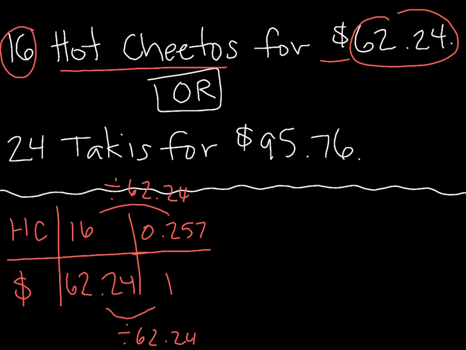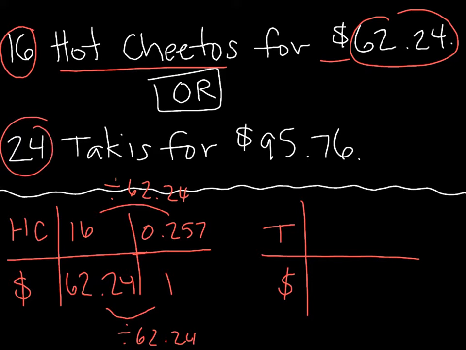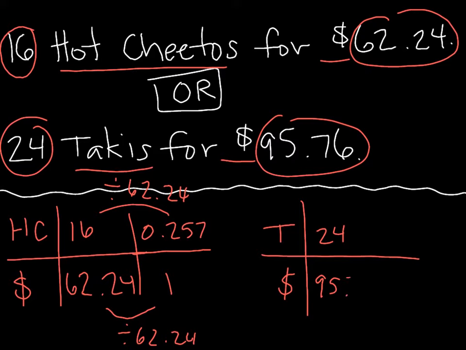Now I'm going to make a similar table over here, putting the Takis on top and the dollars on the bottom, because I had the dollars on the bottom on the first table I made. So I have 24 Takis for $95.76. So 24 on top, 95.76 on the bottom. And I want to figure out how much $1 would get me.